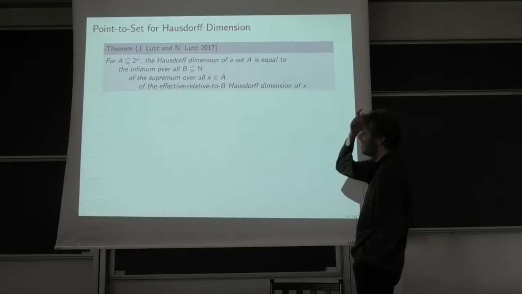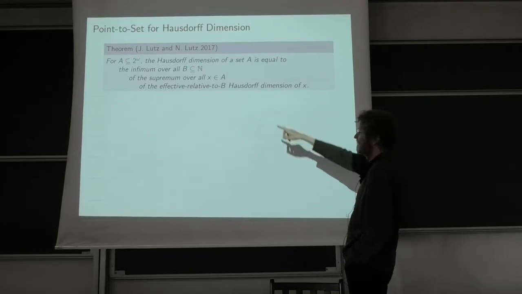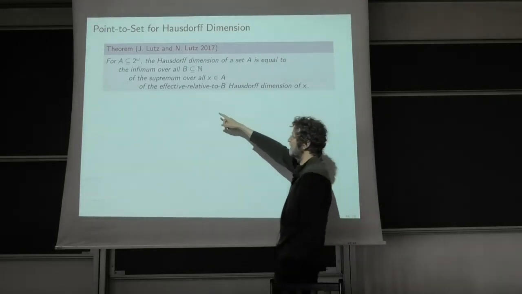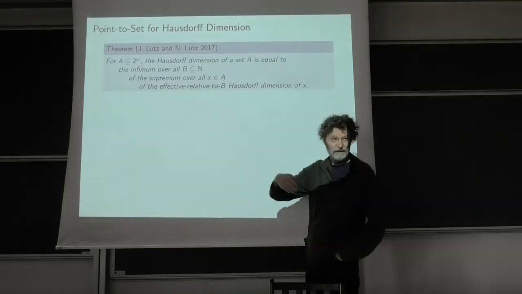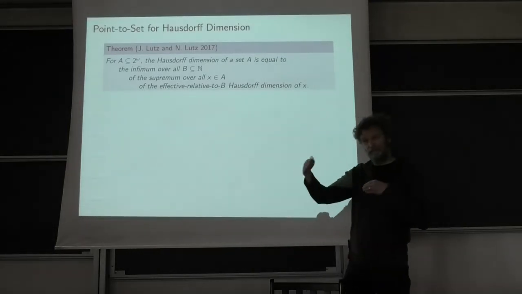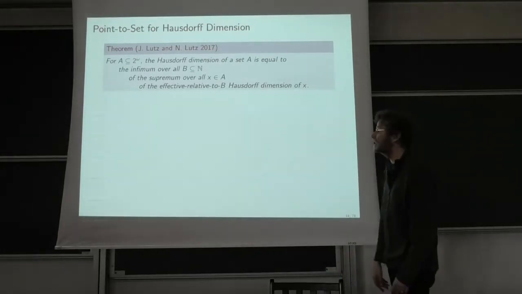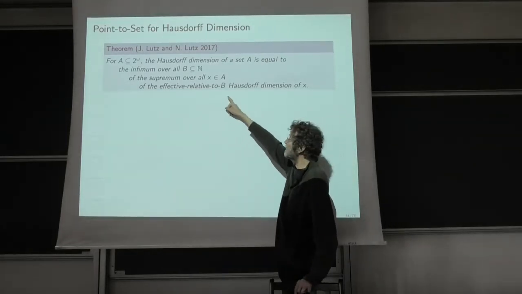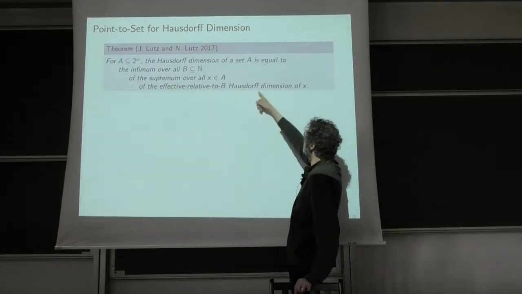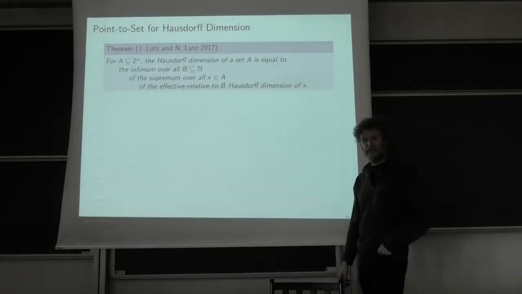If you have an arbitrary subset of 2 to the omega, the Hausdorff dimension of that set is given by the infimum over all possible oracles B of the supremum over all the points in the set of the effective dimension, relative to B, of that point.